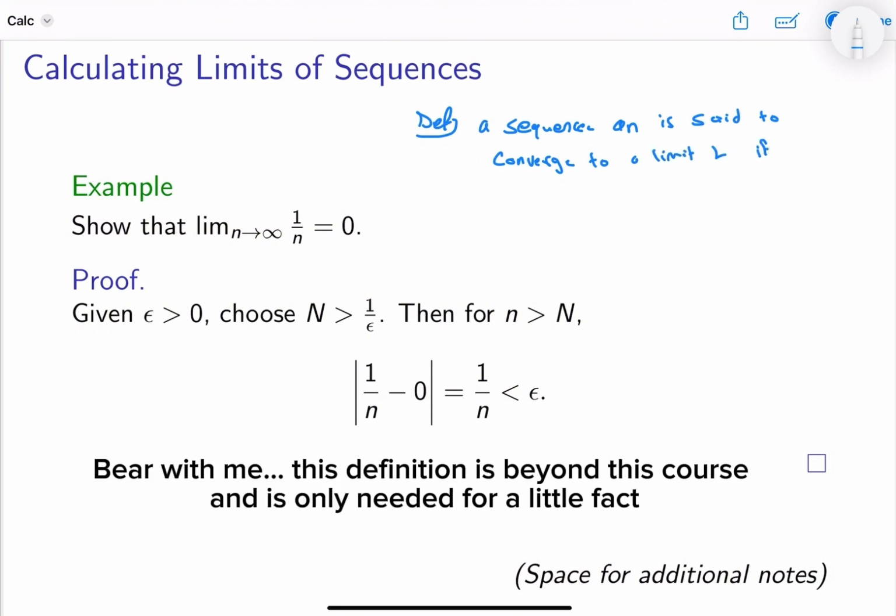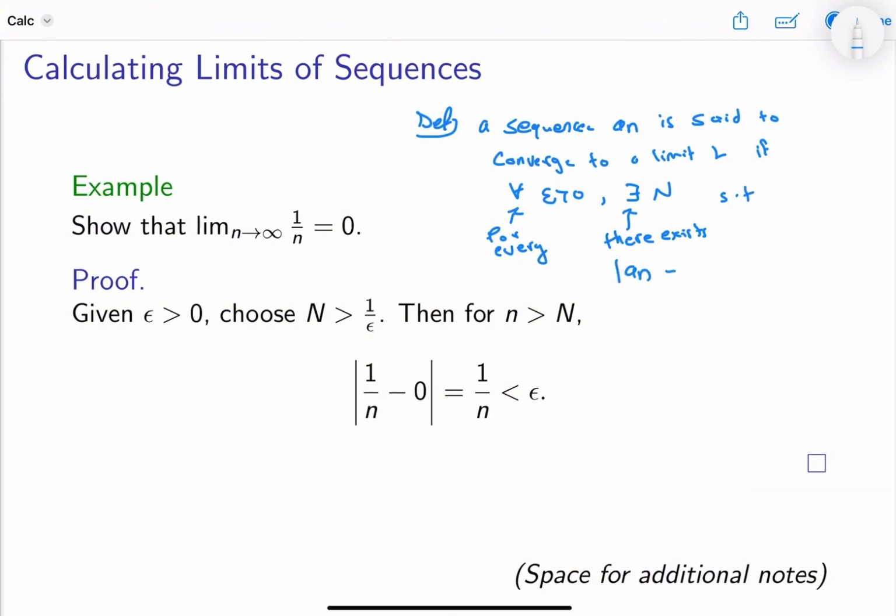if for every small number epsilon there exists a number n that you can think of as a huge number, such that if you look at an and you subtract L, the distance is going to be less than epsilon, which means that this is for n bigger than n, which means that if you choose an index big enough, the sequence is going to be close to L, within an epsilon distance from L, right?